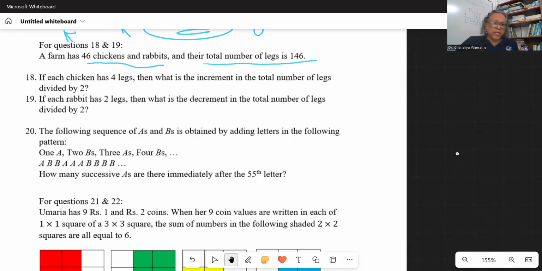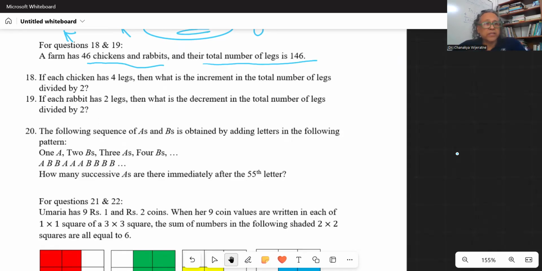If each chicken has 4 legs, yes. So suppose, can you imagine, chickens with 4 legs, right? Of course, in mathematics, we should have a big imagination. This is nothing new for mathematicians who actually do real math.